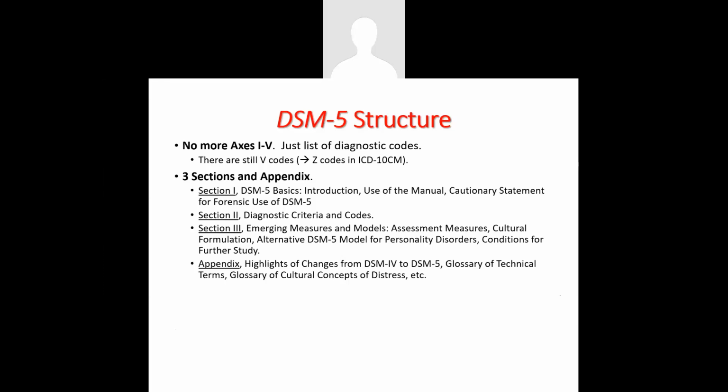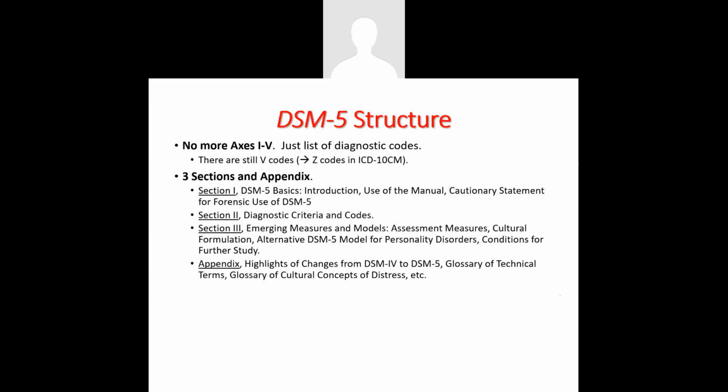So if there was cancer or if a person had plantar fasciitis or whatever it was, that would all be listed on 3. The fourth axis was kind of our area for any kind of socioeconomic issue. So if there was divorce or homelessness or some other main issue that was the focus of treatment, that would go onto the fourth axis.